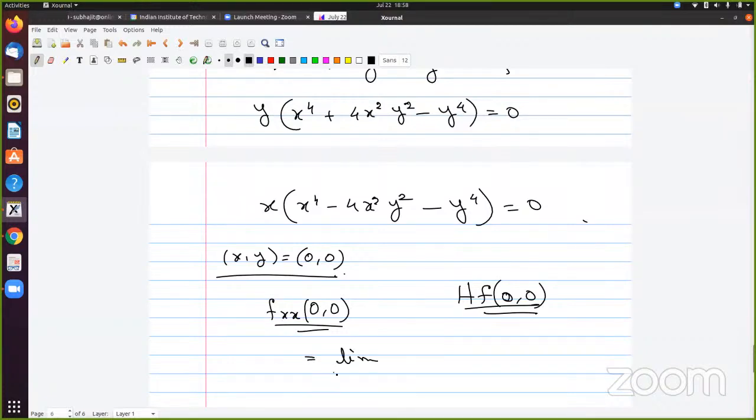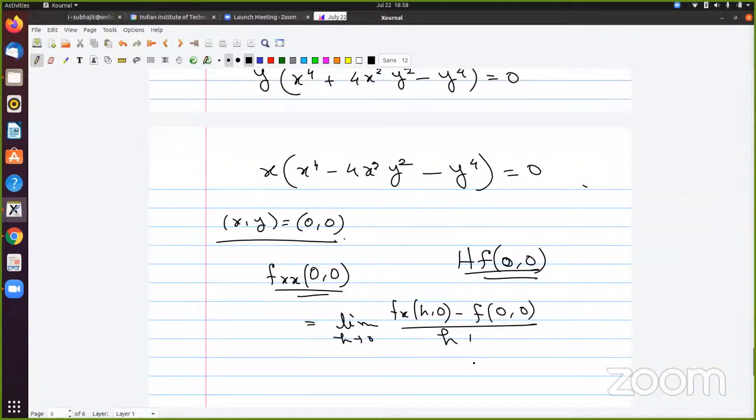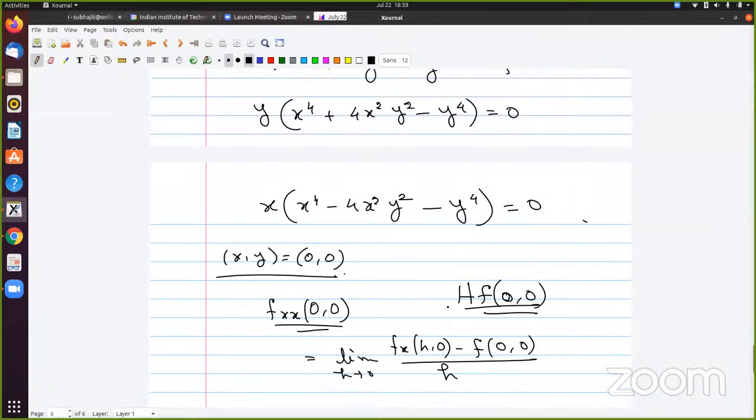So, limit h tending to 0, fx of (h, 0) minus this. Now, you know what fx(h, 0) is, right? We have already calculated it somewhere.